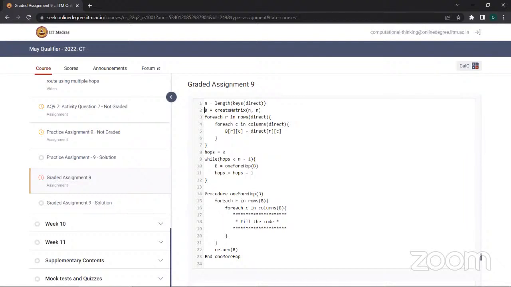See, the create matrix function is explained in one of the lectures. As per the explanation, this procedure gives you a matrix of size n by n, or whatever values you pass here, and all values in that matrix will be 0.